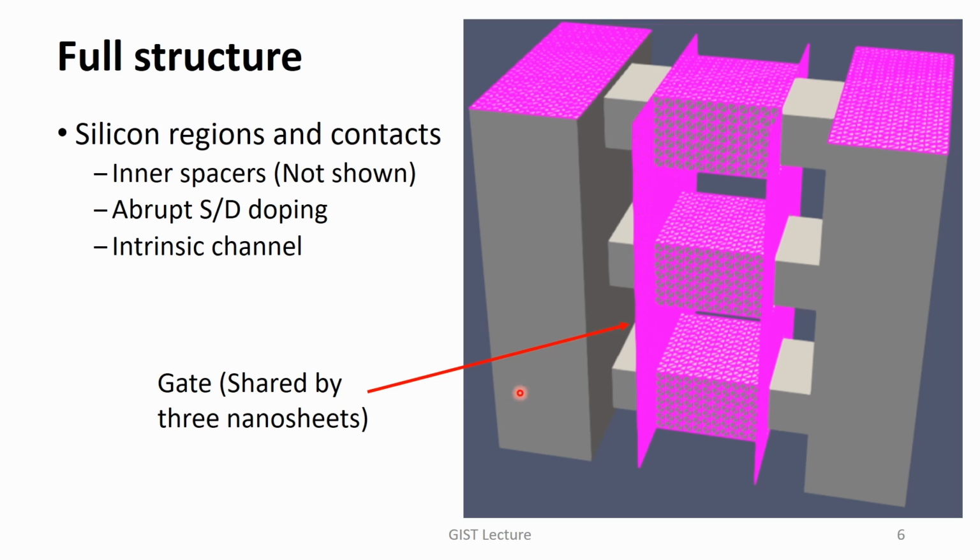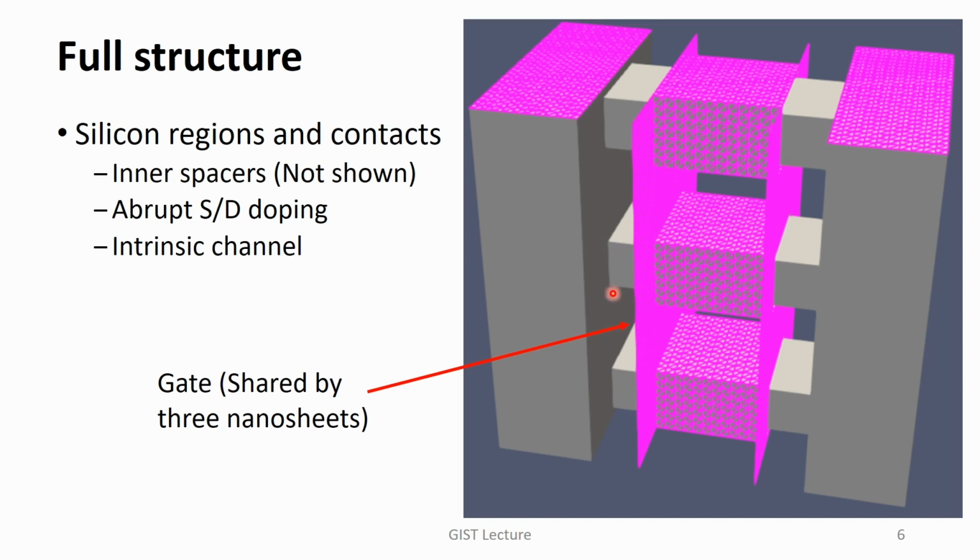This is the full structure. It only shows the silicon regions and contacts. The contacts are highlighted. The gate is shared by 3 nanosheets.